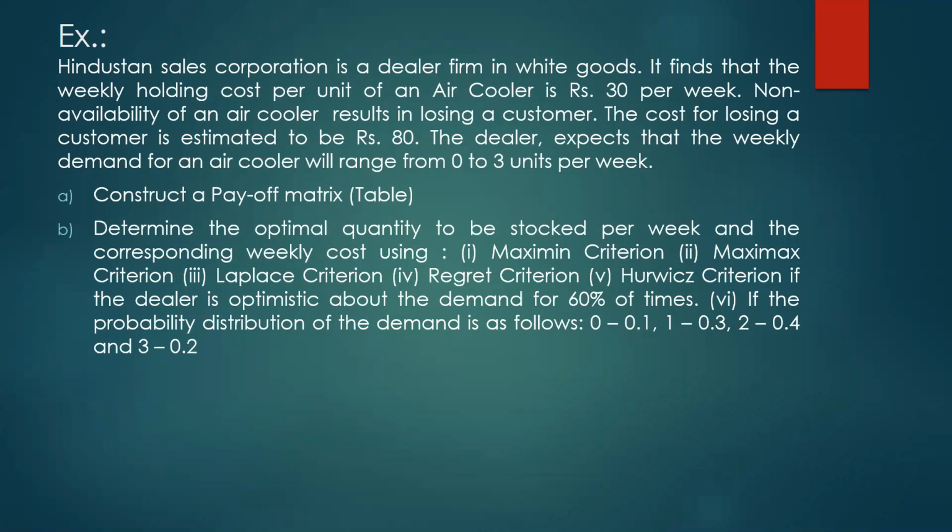So I want you all to give me the values, at least for the first row or the first strategy, that is S0, for all the states of nature from N0, N1, N2, and N3. Anyone with the values?